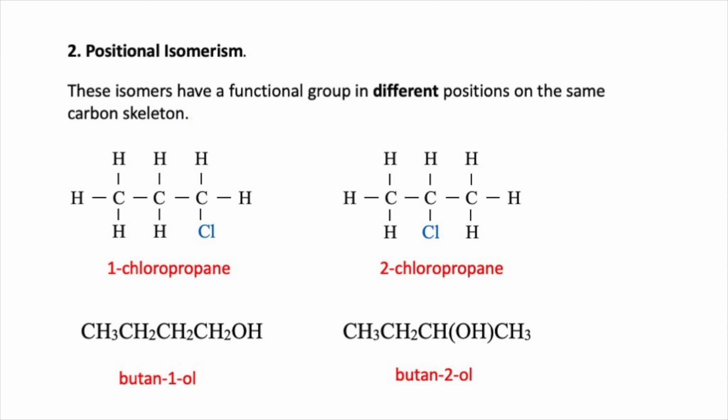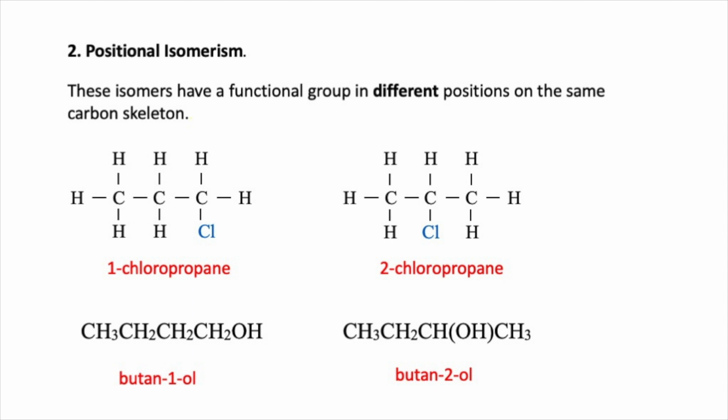So if you have chloropropane, the chlorine could be on carbon 1, and then it would be called 1-chloropropane, or it could be on the middle carbon, carbon 2, and then it's called 2-chloropropane. Now the functional group is on a different position in these 2 compounds, and therefore, because I've moved the functional group to a different position, it's an example of positional isomerism.